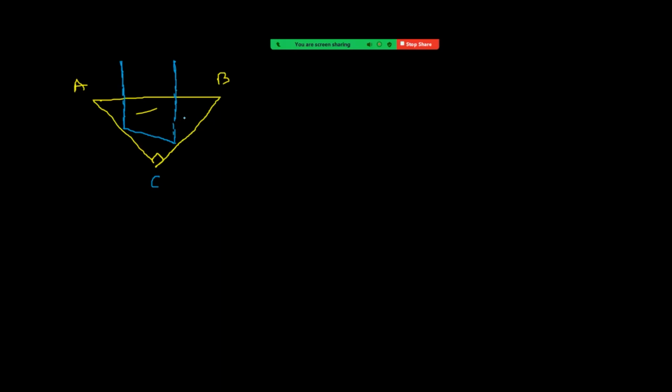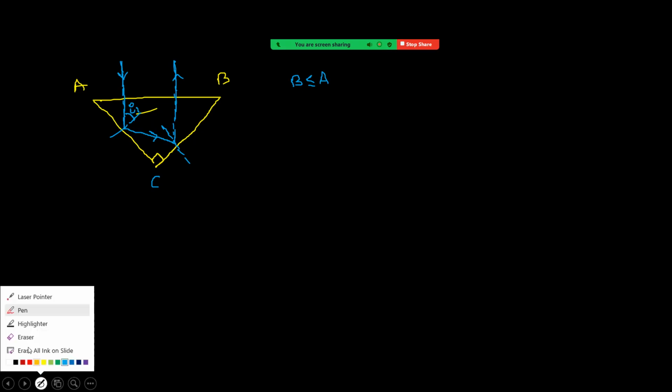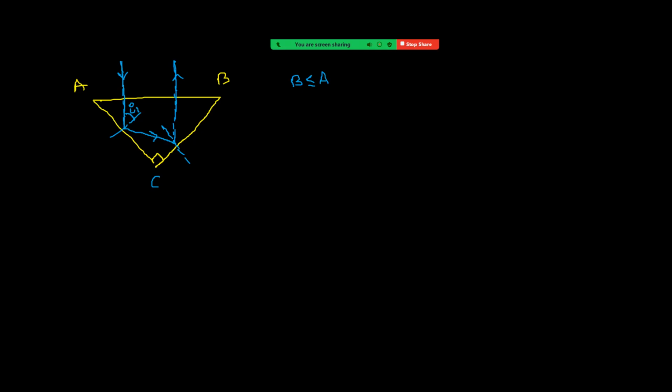Okay. Now see what we can do. This is the incident ray and this is the reflected ray. Let us take the normal at the point of incidence and here also. The condition given is that B is less than or equal to A. Let us take this angle of incidence as I1.